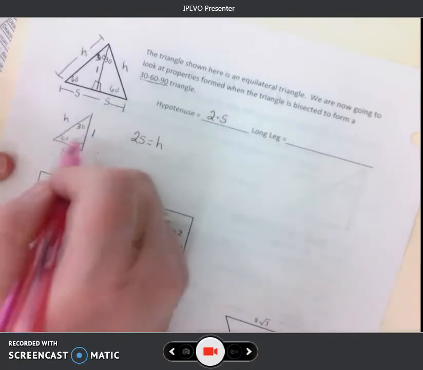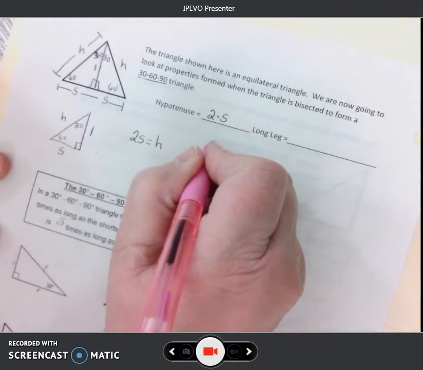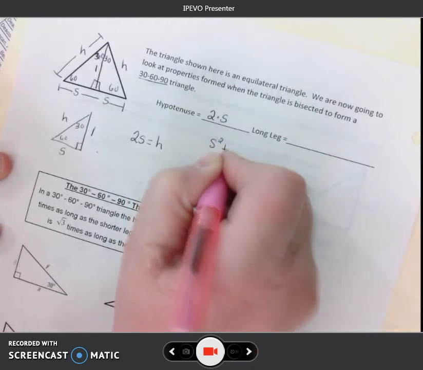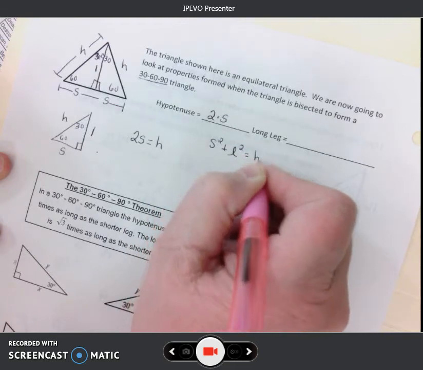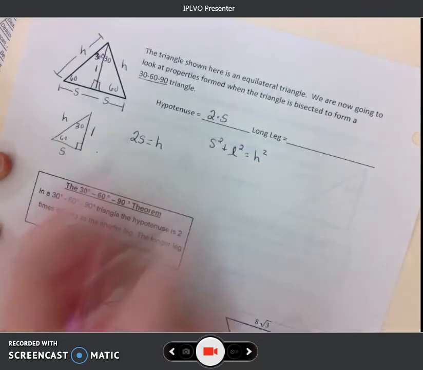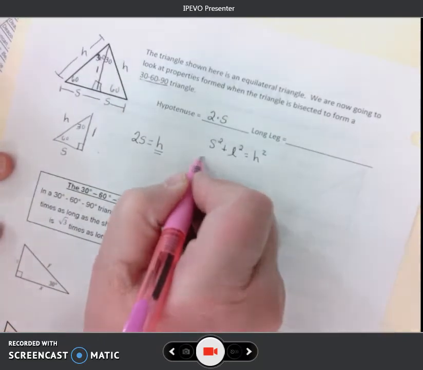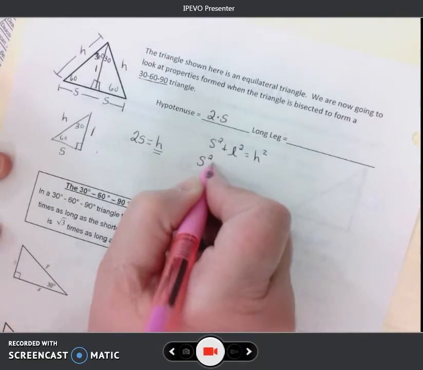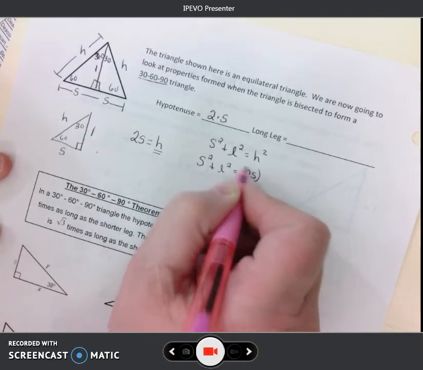Then I'm going to take my triangle and use the Pythagorean theorem: S squared plus L squared is going to equal H squared. But we know that H is 2S. So that's going to give me S squared plus L squared equals (2S) squared.